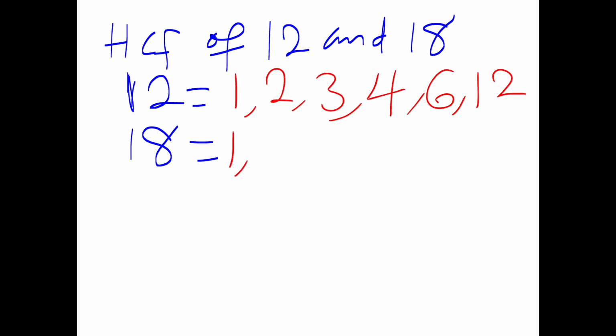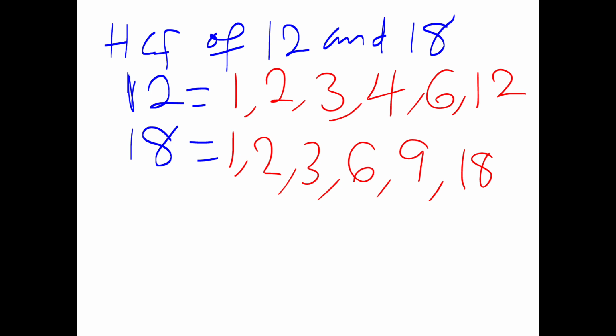We have 1, right? 2, 3, very good. 6, interesting, right? 9 and 18, right? So easy to do. So now, let's list the common factors out.